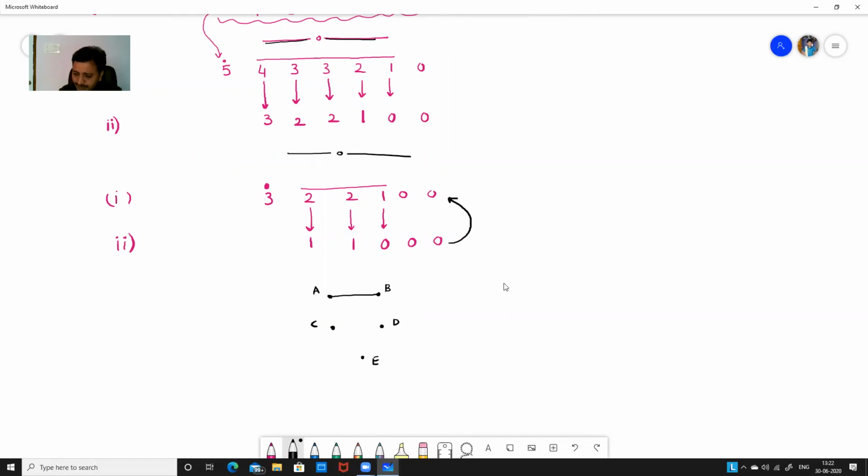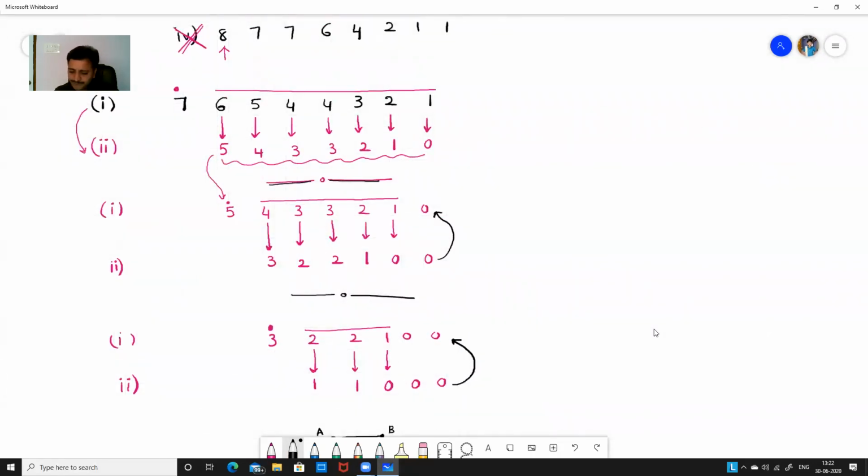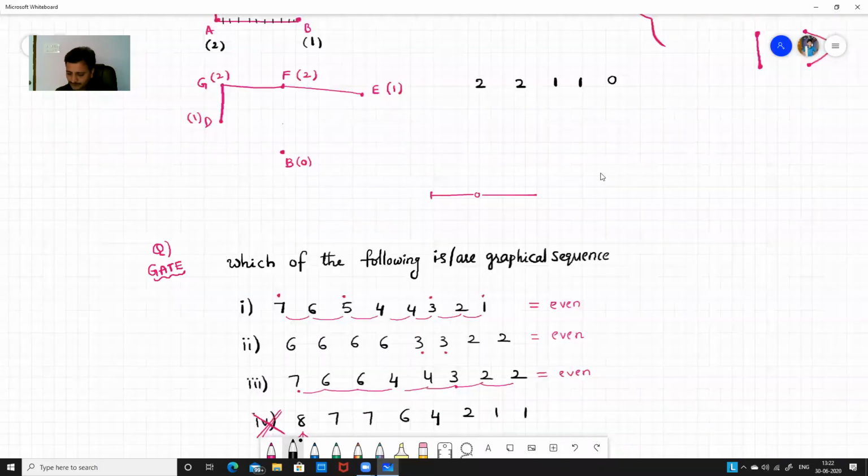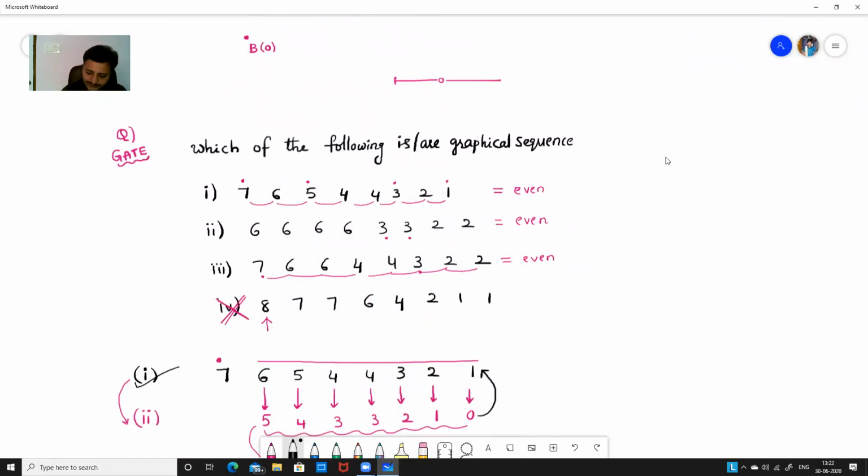If it is simple, then the given graph is also simple. This is the way we can trace out the Havel-Hakimi result. Therefore, the first sequence is a simple graph sequence. So the first sequence is a graphical sequence. Is it clear? The first sequence is a graphical sequence.